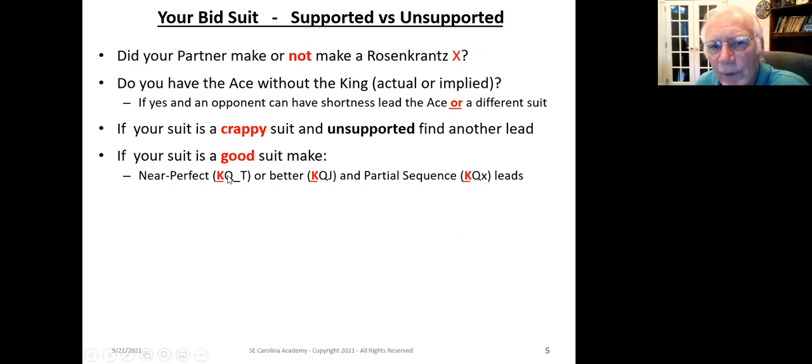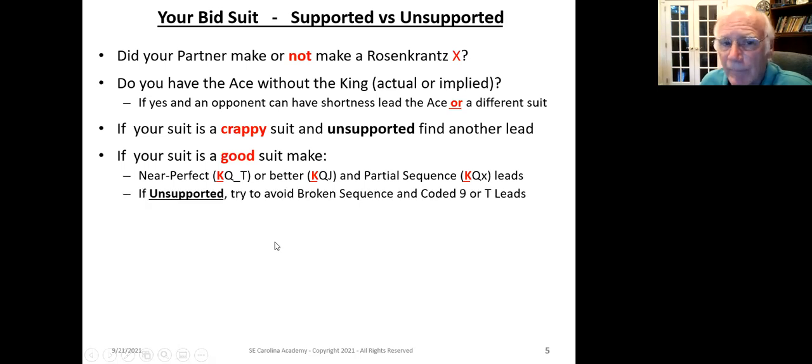For example, the king from the king, queen, 10, or even better, the king, queen, jack, or the partial sequence of king, queen, because all of these things are going to set up a trick or two if the opponents have the ace, or give us some immediate tricks if, lo and behold, our partner has the ace. So again, we're defaulting to the power lead there.